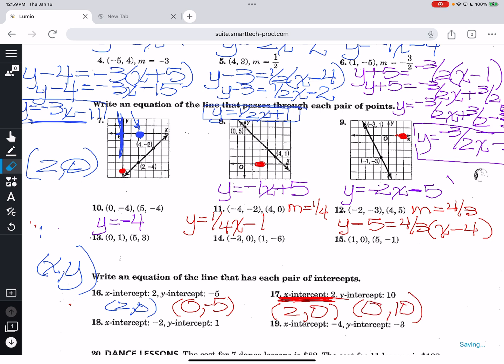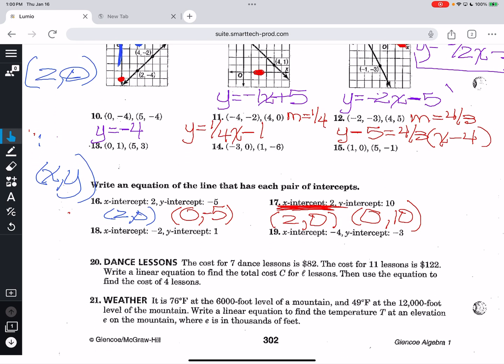You will use those ordered pairs to find slope and then put it in point-slope form. So what's the slope for number 16?